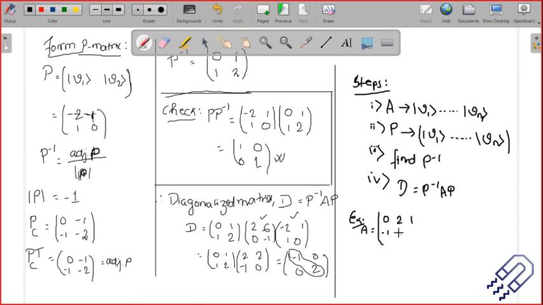Minus 1 1 2 2, some small values, and 1 1 minus 1. So this one you can try, and let's see if you get an answer. Maybe homework. Okay, so we've done 2 by 2. You have to practice a bit on 3 by 3, and it will always be better.